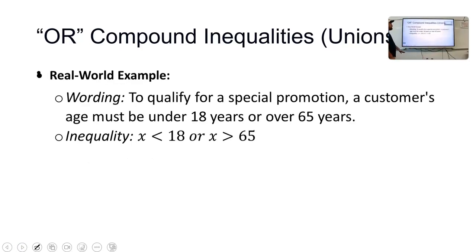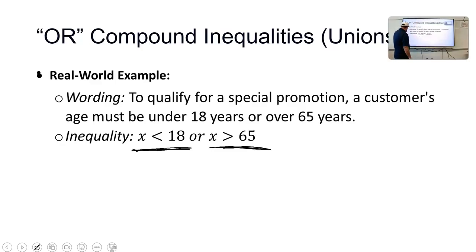Another real world example: to qualify for a special promotion, a customer's age must be under 18 years or over 65 years. So x has to be less than 18, you've got to be younger than 18 or greater than 65. That's another way you could use an or compound inequality.